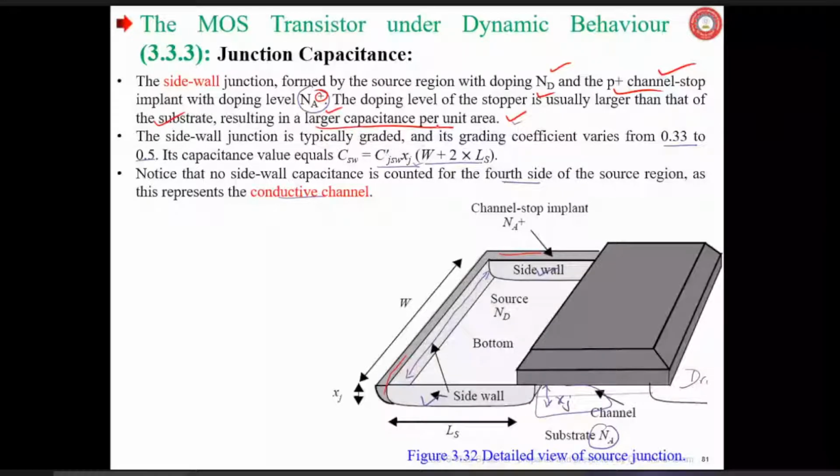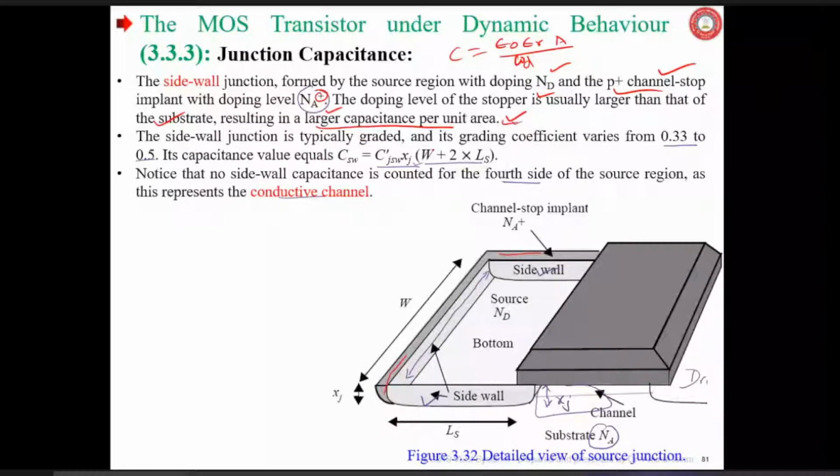Capacitance is epsilon 0 epsilon R A by D, where D is the depletion layer width, say WD. It is less if the doping concentration of both sides is higher. Do you understand this? Yes, sir. So that is what is written here.